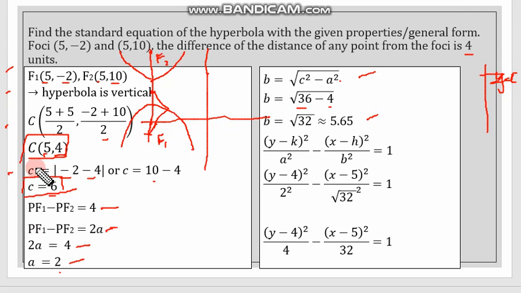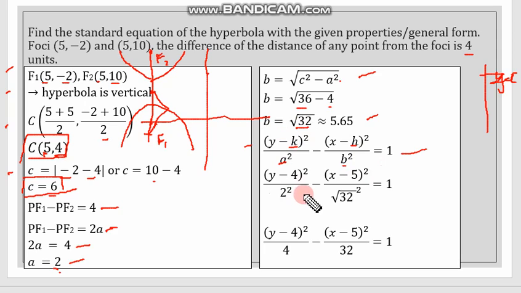Now, we know that our hyperbola is vertical. Therefore, we will use the quantity (y minus k) squared over a squared minus the quantity (x minus h) squared over b squared equals 1. We have our (h, k), which is (5, 4), and a is 2 and b is the square root of 32.